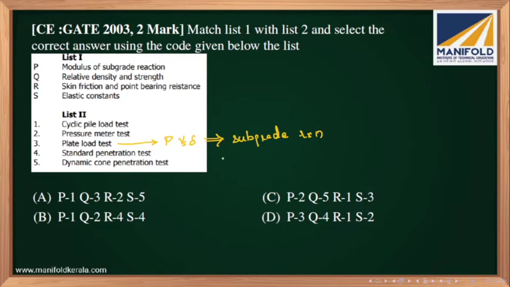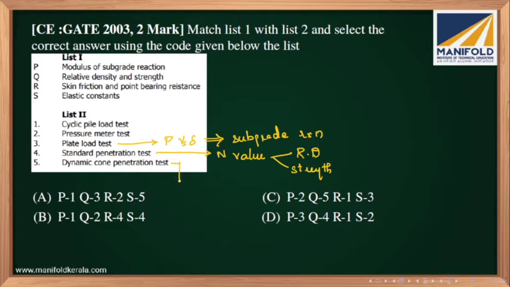From the standard penetration test, the final output from the SPT is the N value. Using the N value, we have basic correlations to calculate the relative density of the soil and the strength of the soil.